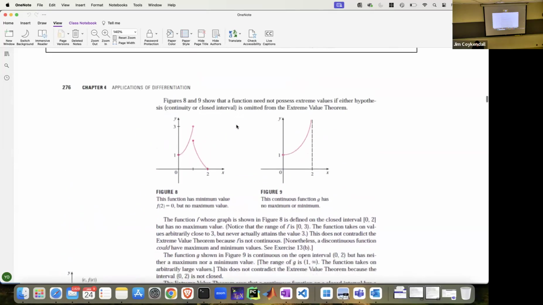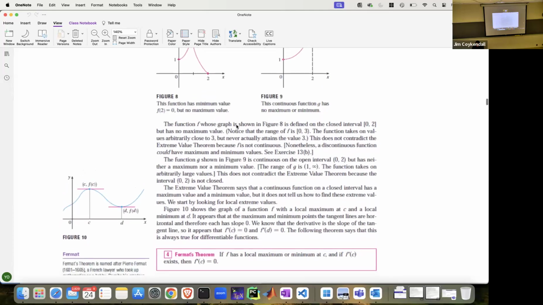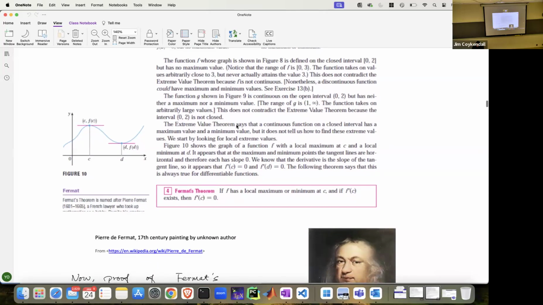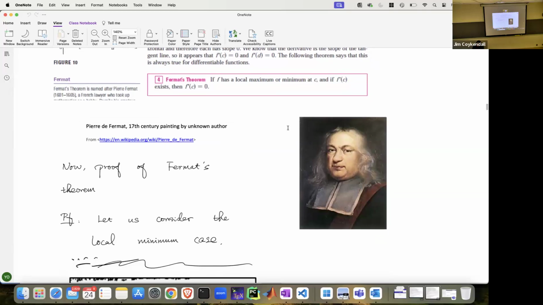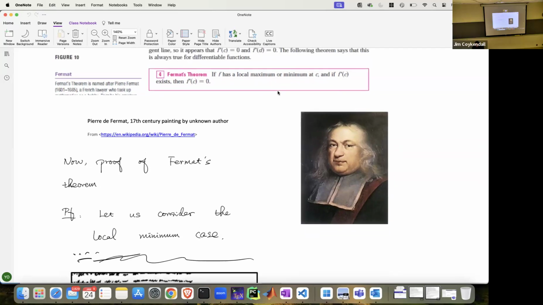This is a page I got from Stewart's calculus book. And this is Fermat, a mathematician from a couple hundred years ago. Fermat's theorem is a famous theorem that we would like to prove in my talk today.